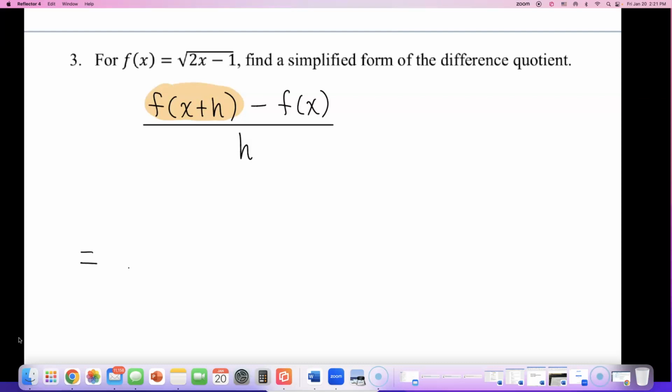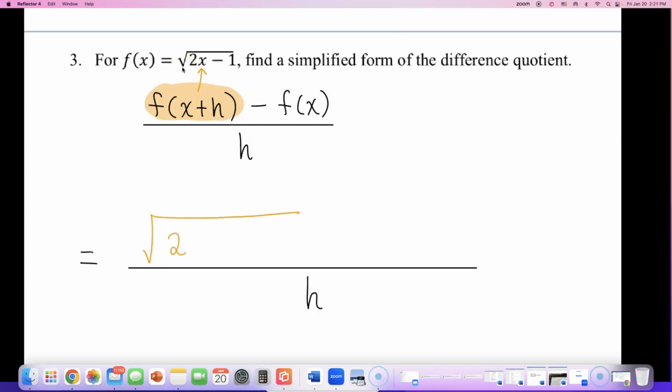It's going to be a long fraction, right? So I will put h in the bottom. And let me get started with this orange piece first. So basically, we're plugging in x plus h into x. So that's going to be square root of 2 times x plus h minus 1.